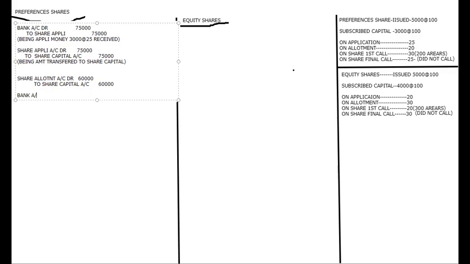Here we didn't have any problem, so we have received the total amount. So 60,000 I'm going to write, because whatever the due amount was, I have duly received it. So to share allotment, out of 60 I got the total 60. Now this entry is also done.